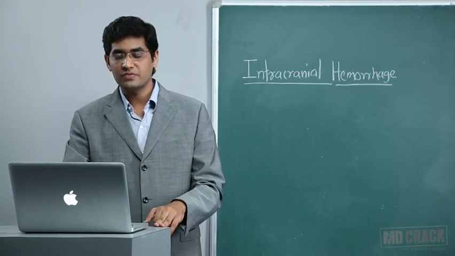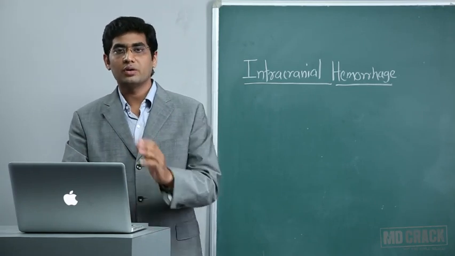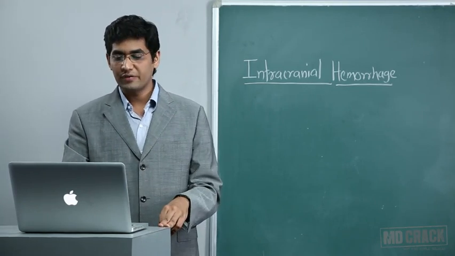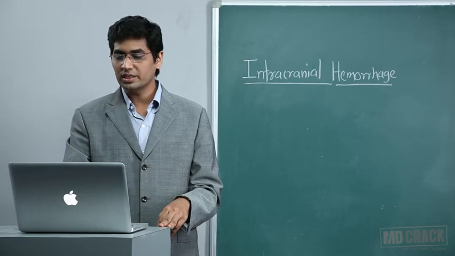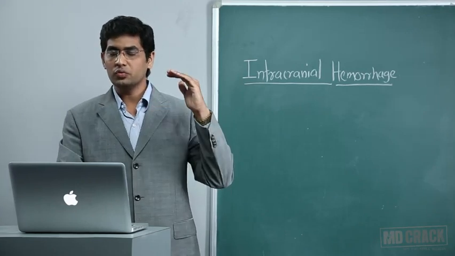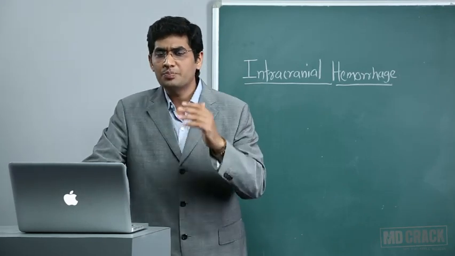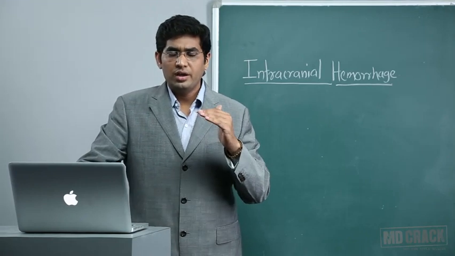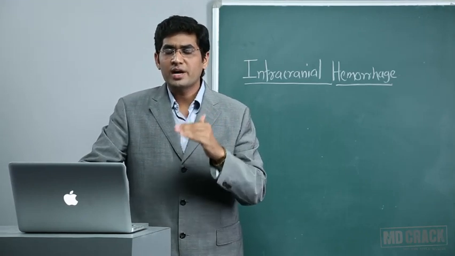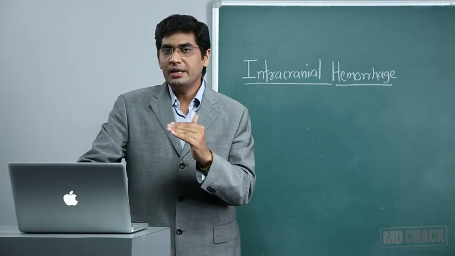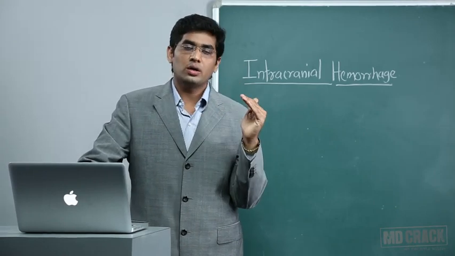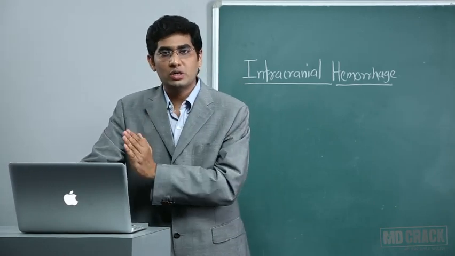In most of the cases, if there is a cerebral hemorrhage, we need to do surgical evaluation. So coming to surgical evaluation, you need to just remember one point here. If the bleed is supratentorial, you may not go for surgical evacuation.